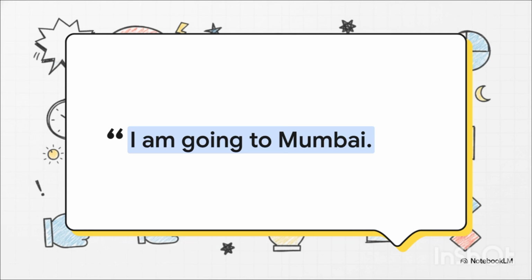But when we drop the exactness for an indirect report, it becomes, "He said that he was going to Mumbai." Notice what happens. The quotation marks completely vanish, the pronoun shifts from I to he, and the tense actually steps backward from am to was. Those exact words are essentially smoothed out into an indirect reported message.